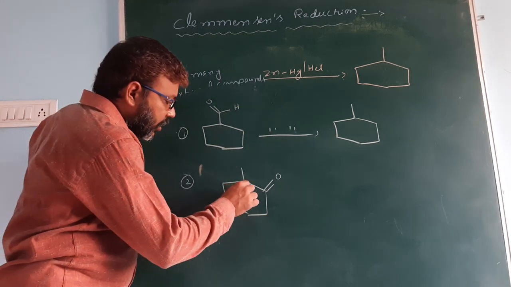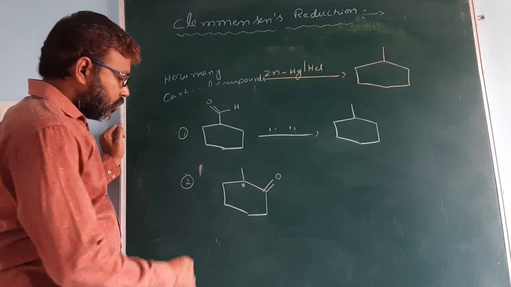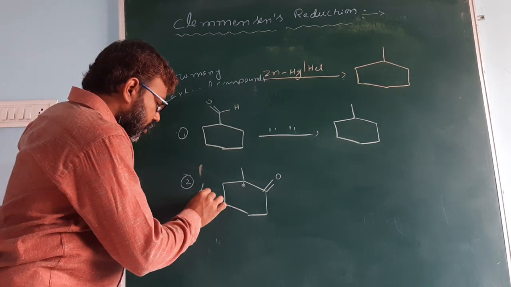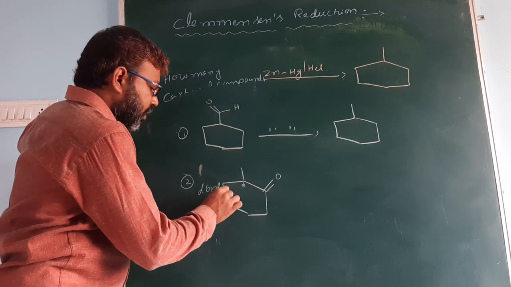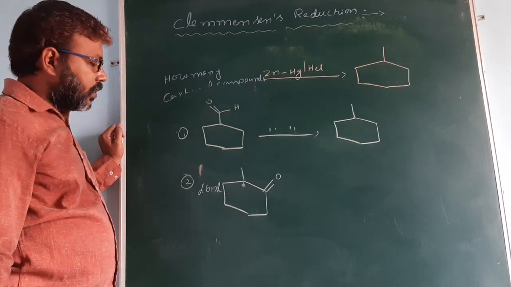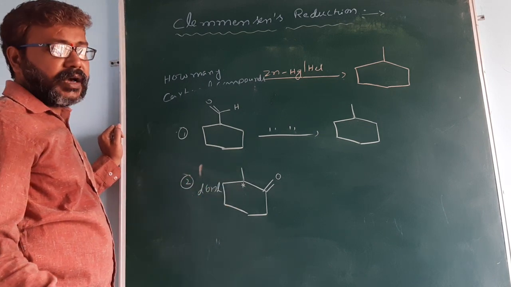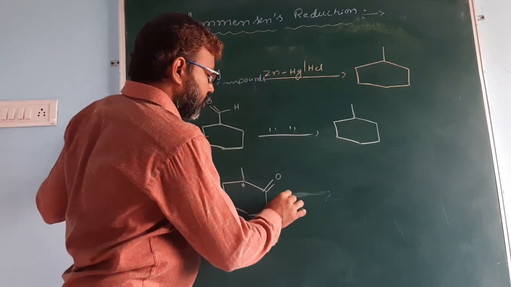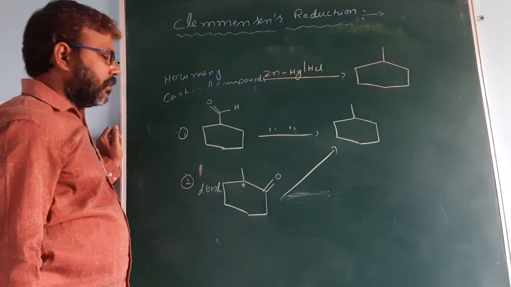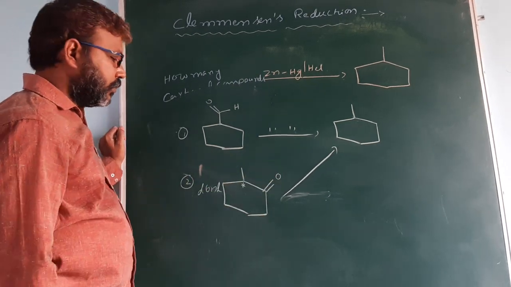It has a chiral carbon. So it gives D or L isomer. It exists in two isomers, D or L. It undergoes Clemmensen reduction to give 1-methyl cyclohexane because C double bond O group is converted to CH2.